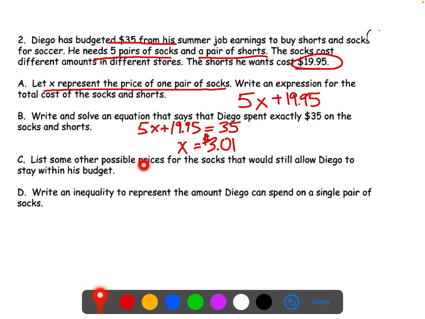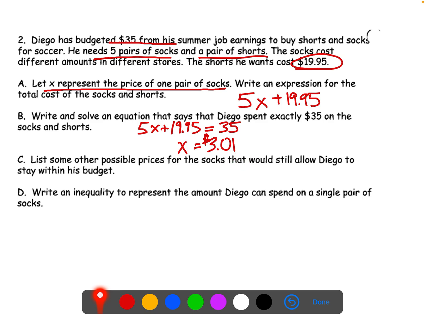Now, list some other possible prices for the socks that would still allow Diego to stay within his budget. He budgeted $35. We just solved this equation to find the price of the socks. Now, let's think about that. If he can afford socks that cost $3.01, then could he afford $4 socks?